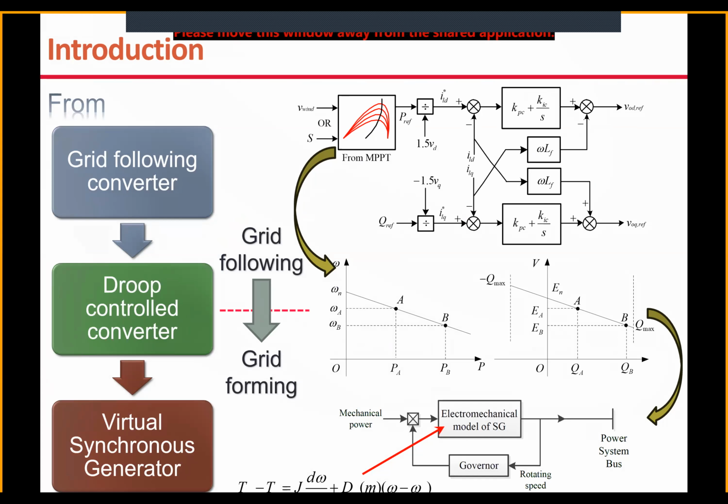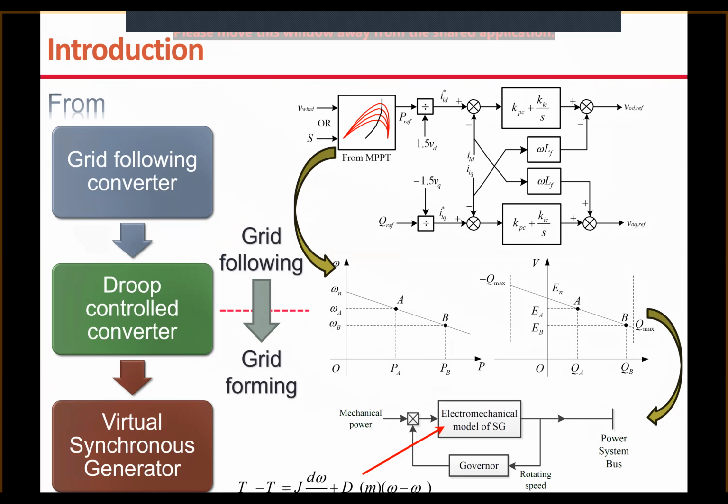So in wind turbine generator control, there are two types of methods. One is called grid following control, and the other one is called grid forming control.